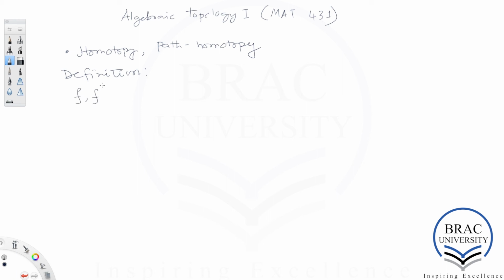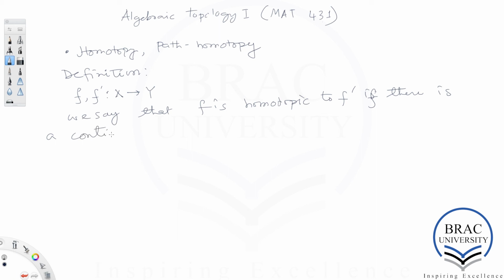Given two continuous functions f and f prime from the topological space X to the topological space Y, we say that f is homotopic to f prime if there is a continuous function big F from the topological space X cross I to the topological space Y such that the following boundary conditions are met.